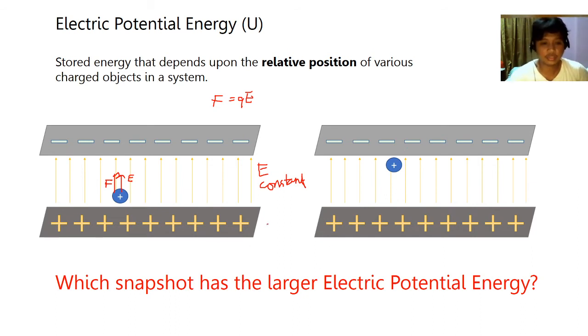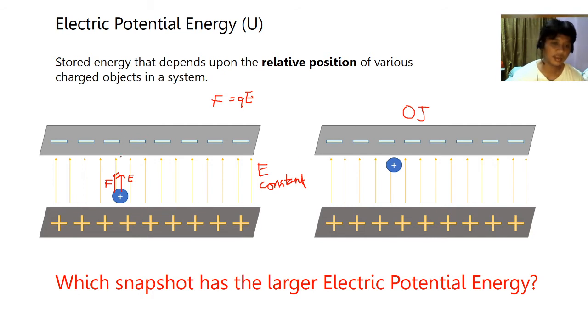So my question is, which snapshot has the larger electric potential energy? Or which picture shows more energy stored? Left or right? And the correct answer is left. Here maybe we can assign 0 joules, especially if the positive test charge is already resting on the top of the plate because that's where it wants to go anyway.